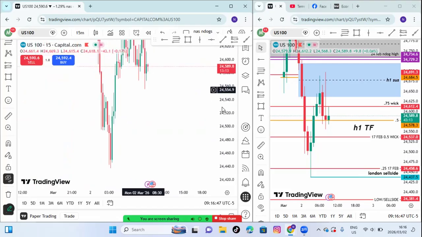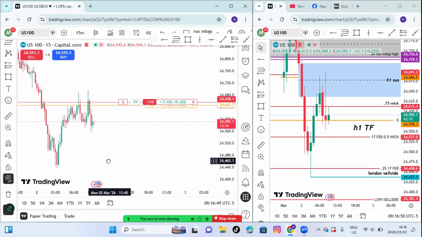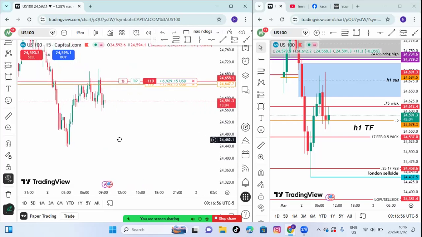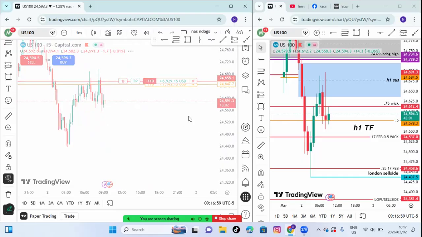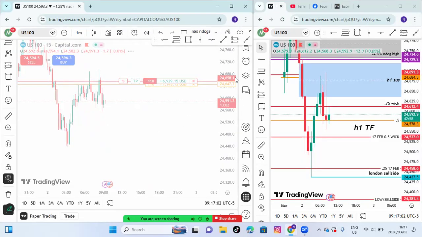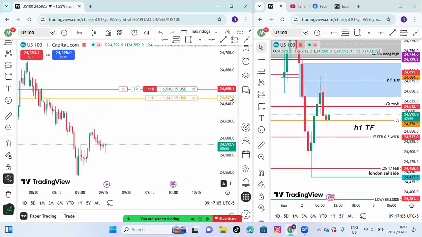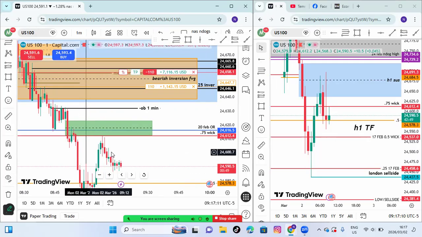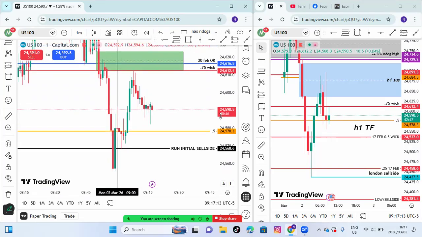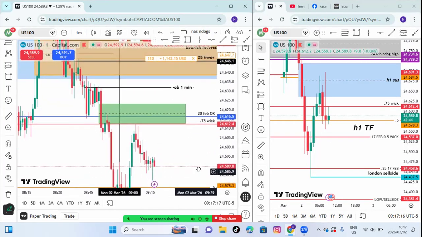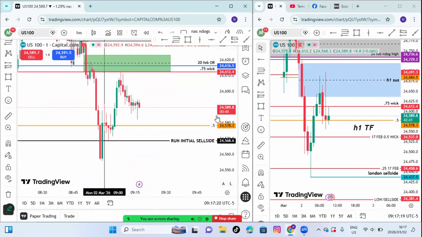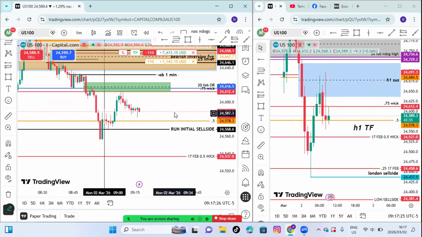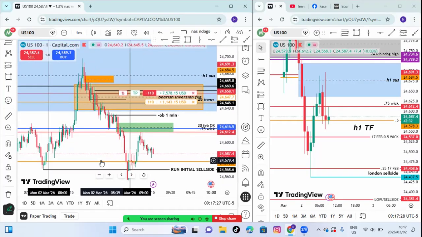Sell side. So ignore any buy, trust any sell.